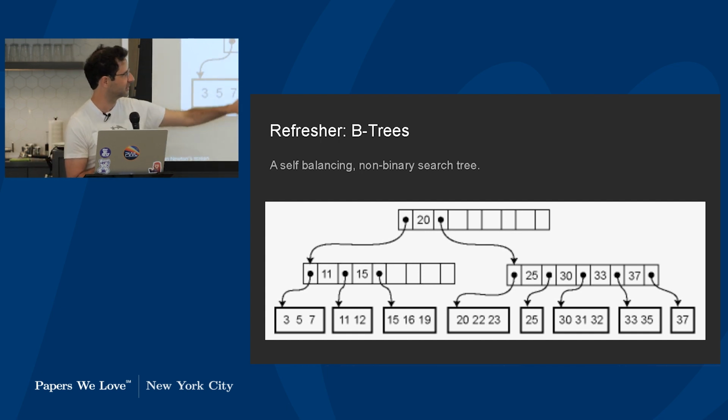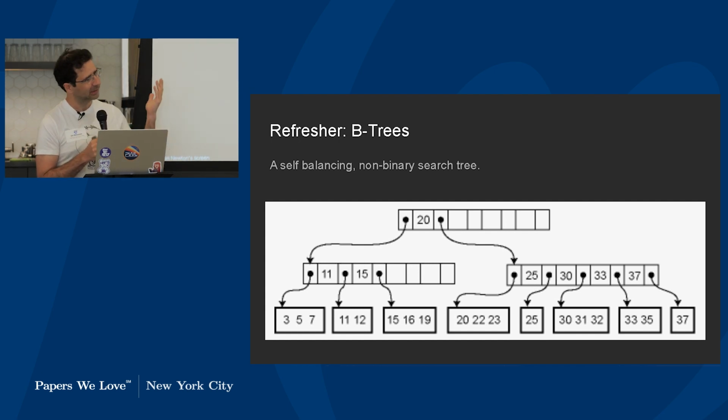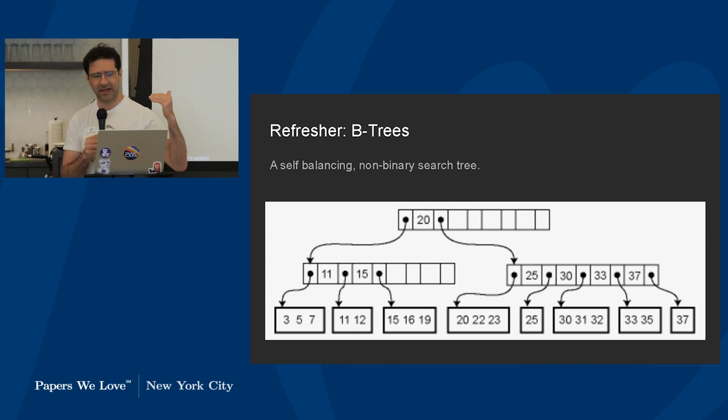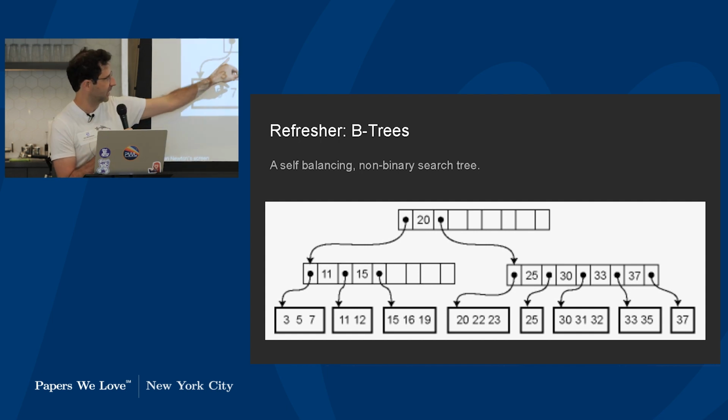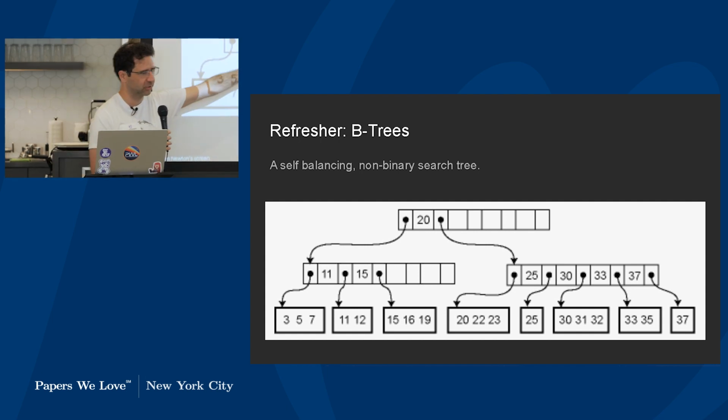This one has 3 children, and then the last one has 5 children. Fairly normal. All paths through the tree have the same height. If a node has n children, it contains n-1 keys. So, for example, if you've got 3 children, you've got 2 keys here.